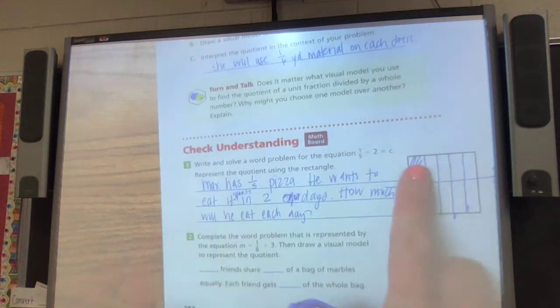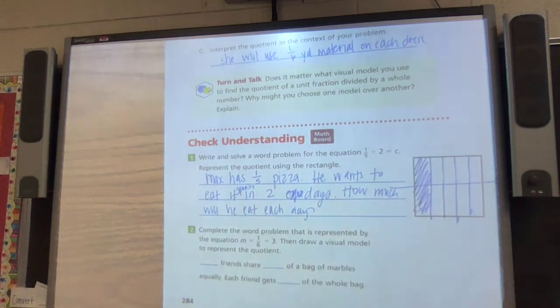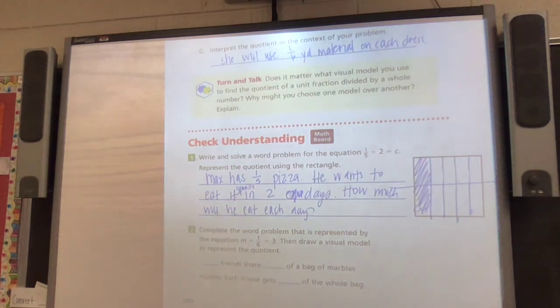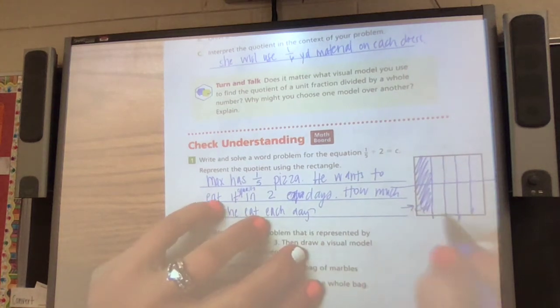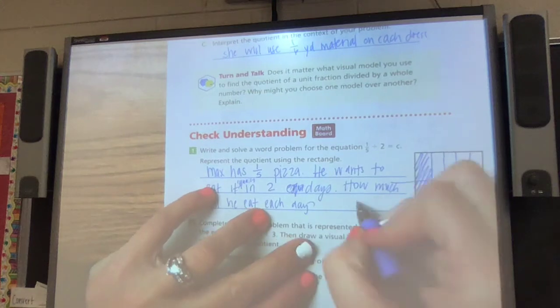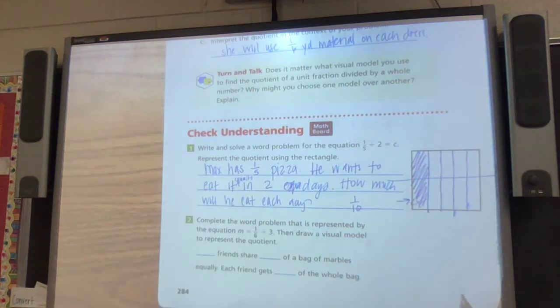So if he has this much pizza and he wants to eat some today and some tomorrow, how much can he have each day? So we know by showing our work that he can have 1/10 today and 1/10 tomorrow. So the answer is 1/10.